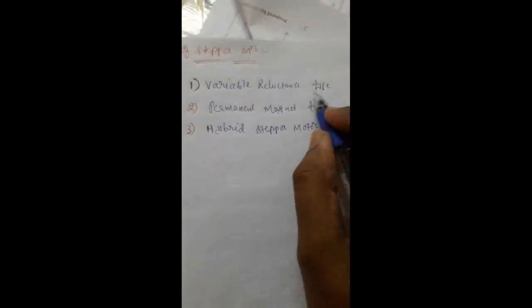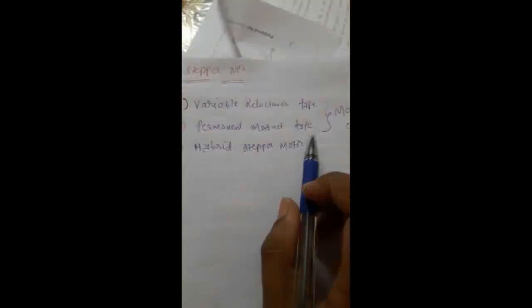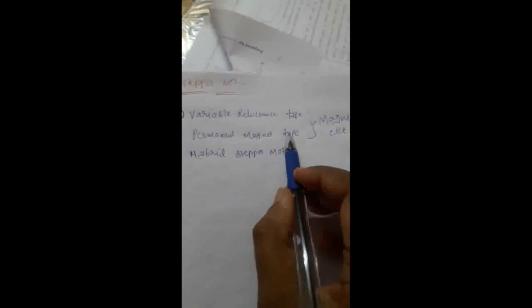The variable reluctance type and permanent magnet type are based on the magnetic circuit of the stator.